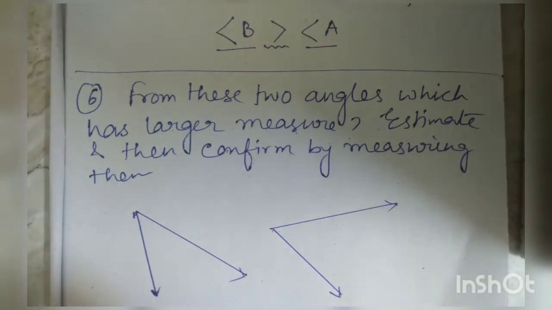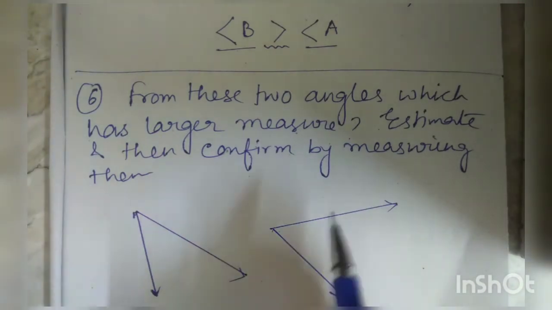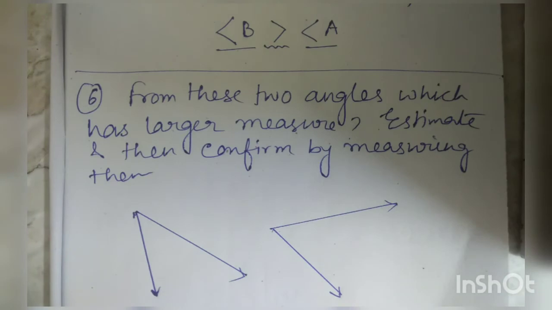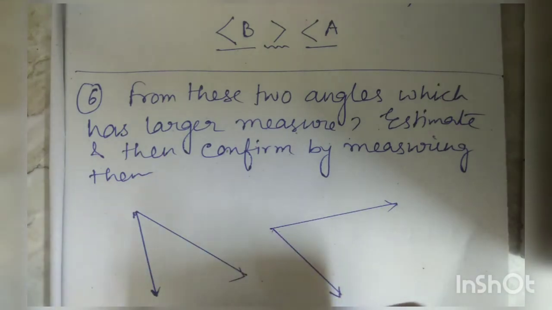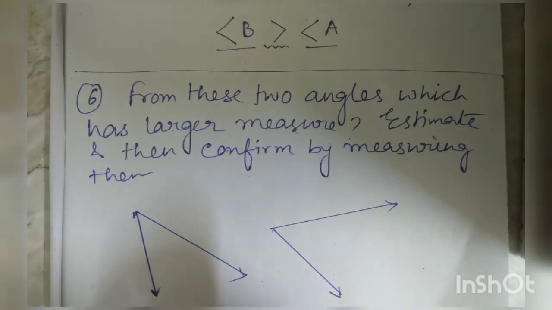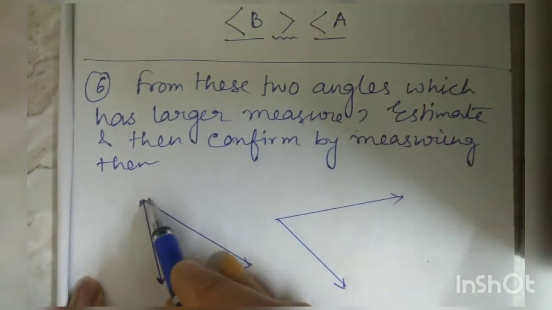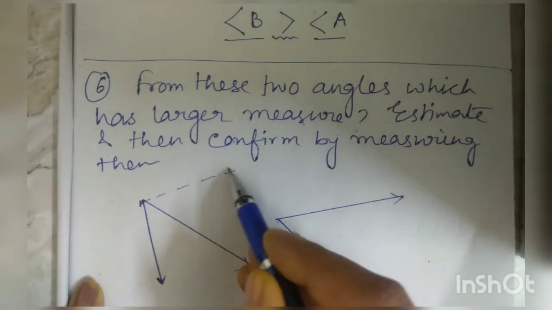Now in question number 6 it is written, from these two angles which has the larger measure? Estimate them and confirm by measuring them. The measurement will be done with the help of a protractor, but estimating can be done only with the help of our eyes. How to do that? Now see, this is our 90 degree angle.